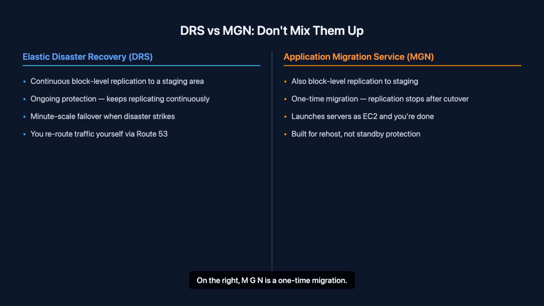On the right, MGN is a one-time migration. Replication stops after cutover. It launches your servers as EC2 instances, and then you're done. It's built for rehost, not for standby protection. The discriminator: ongoing protection means DRS, one-time move means MGN.